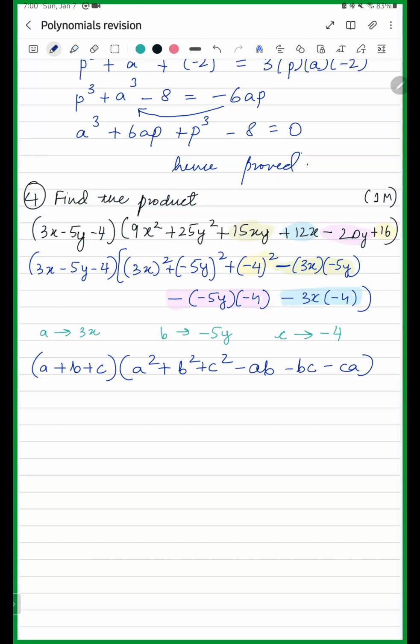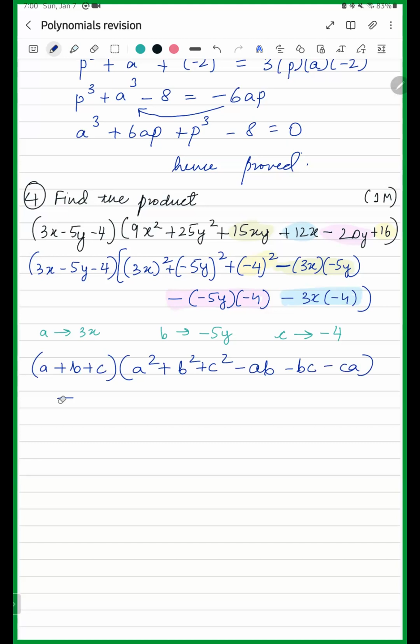And we know that this is equal to a cube plus b cube plus c cube minus 3abc.